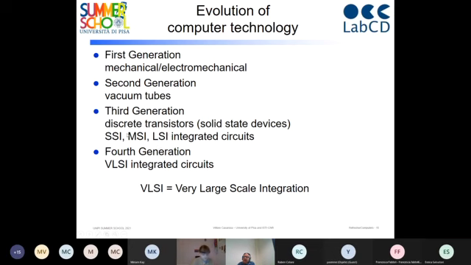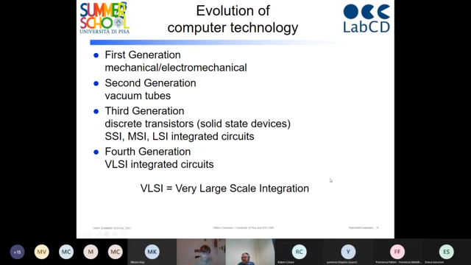And then we started the miniaturization of these solid-state devices. In any case, SI is scale integration: small scale integration, medium scale integration, large scale integration. And today we are in this fourth generation of VLSI, very large scale integration.